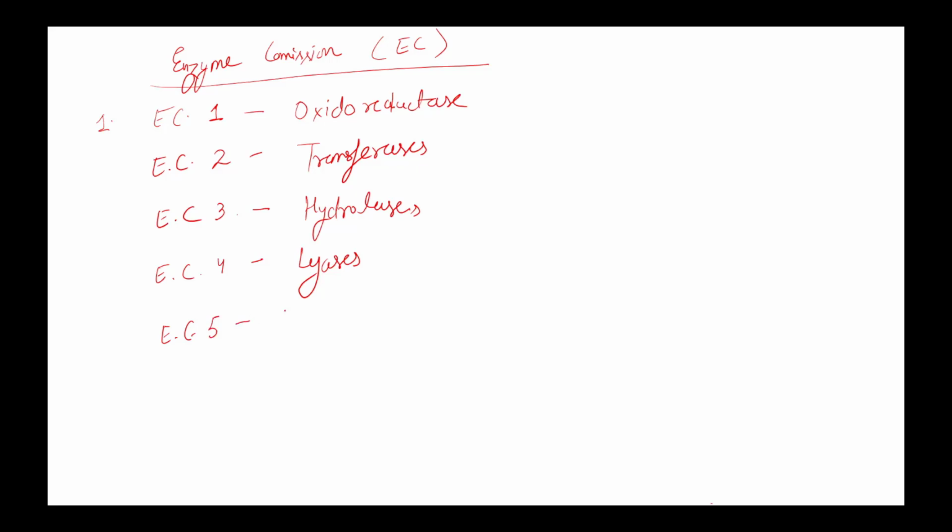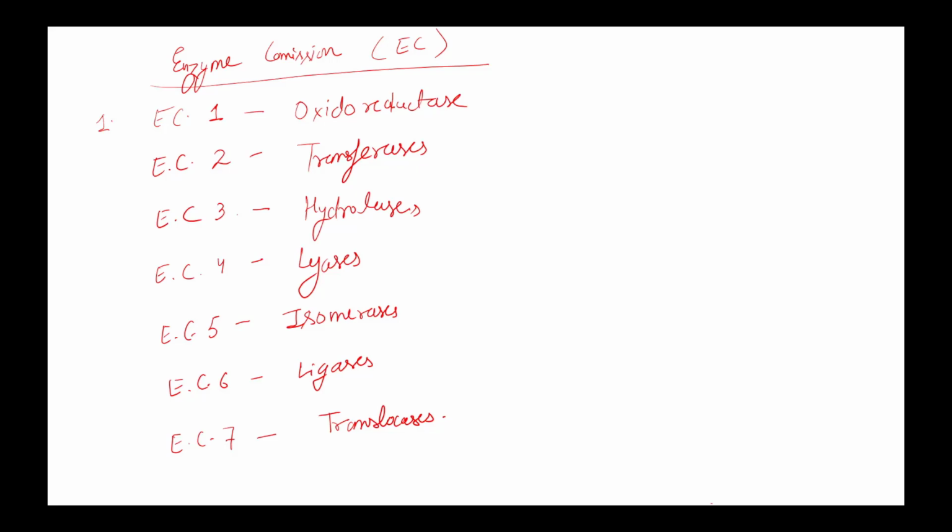EC5, where the isomerases come. We have EC6, in which we have ligases. We also have a new category called translocases. So these are the 7 categories of enzymes according to the Enzyme Commission, and these are the first Enzyme Commission numbers.